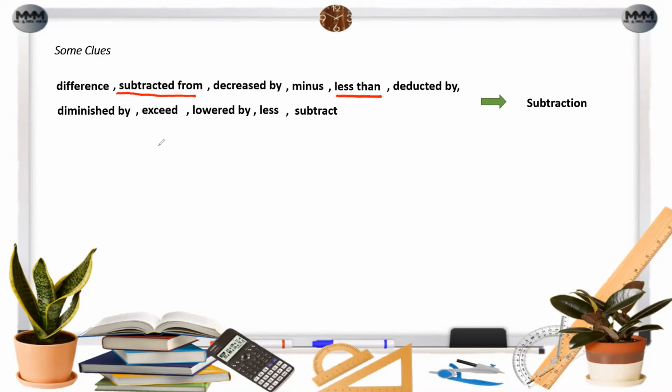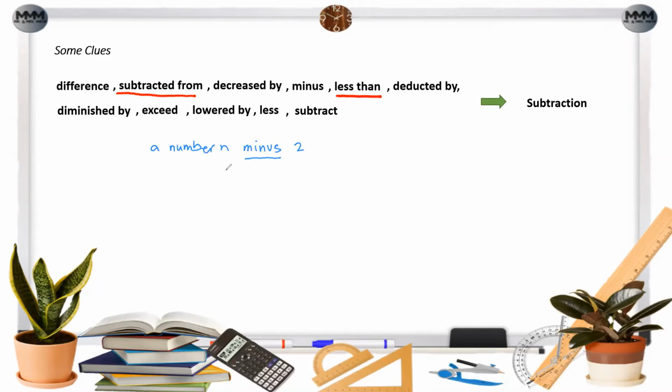For example, a number n minus 2. In this case, we have the phrase minus.